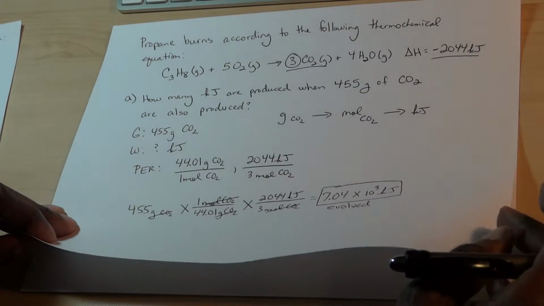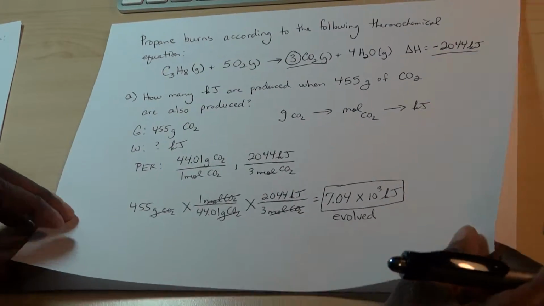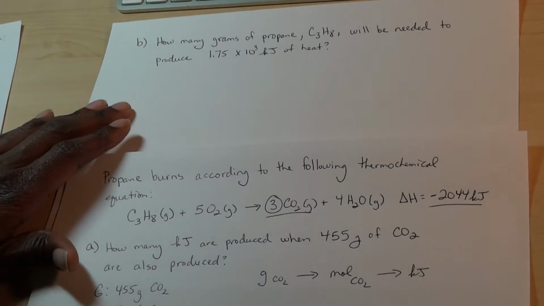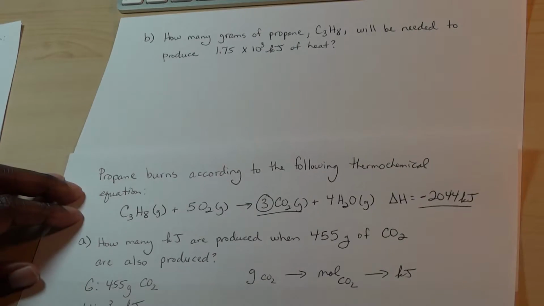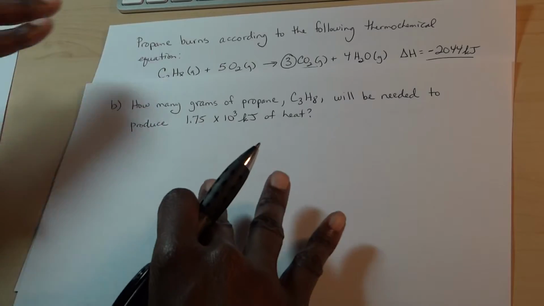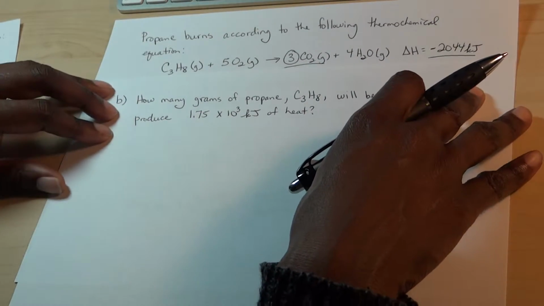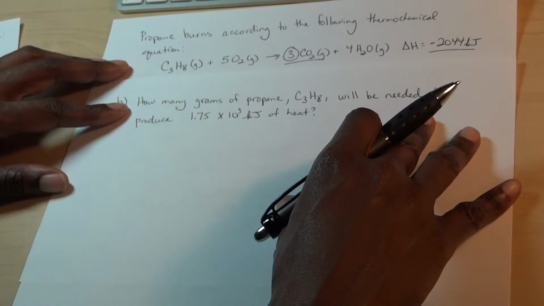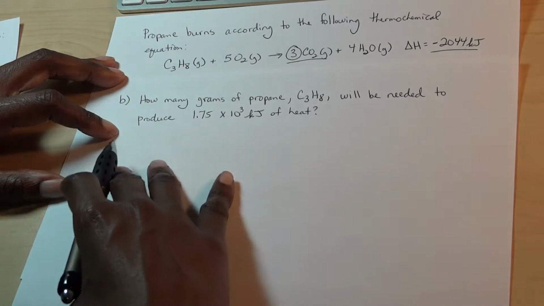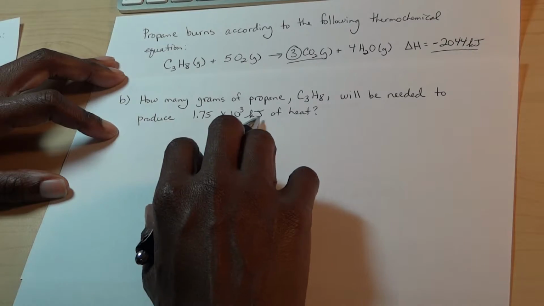All right, that's going from grams to kilojoules. But what if we have a problem asking us to go from kilojoules to grams? We're still looking at the same equation, but this time we're talking about propane. It says how many grams of propane will be needed to produce 1.75 times 10 to the third kilojoules of heat.